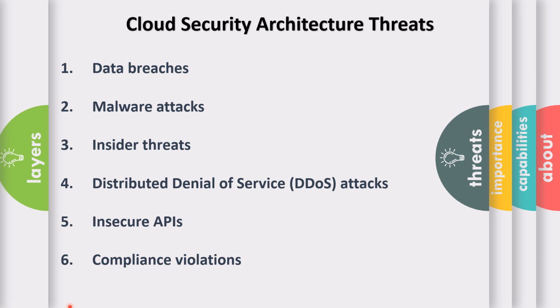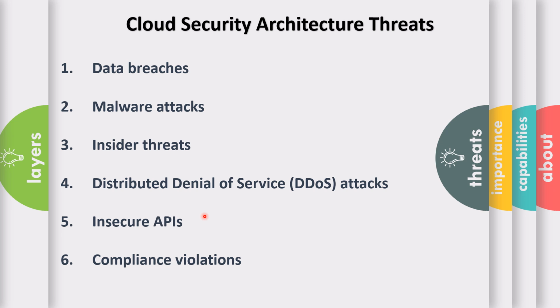So how is cloud security protected? Cloud security architecture should implement data encryption, regular audits and compliance checks to ensure that cloud services meet the necessary regulations. Additionally, choosing cloud providers that are certified for relevant standards can help ensure compliance.